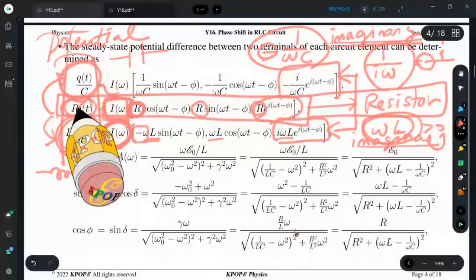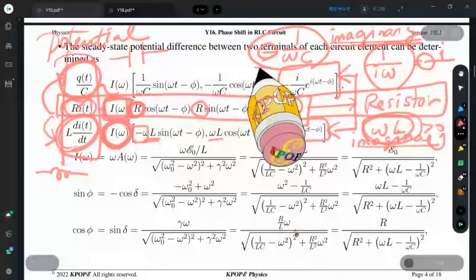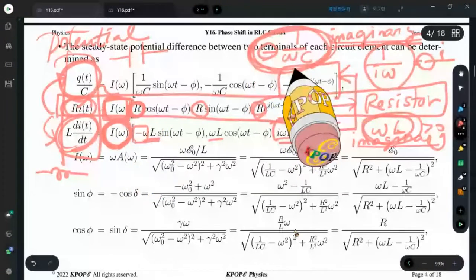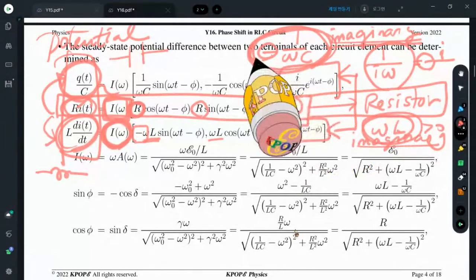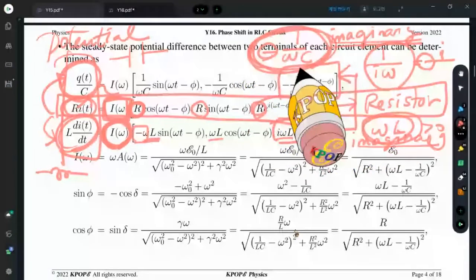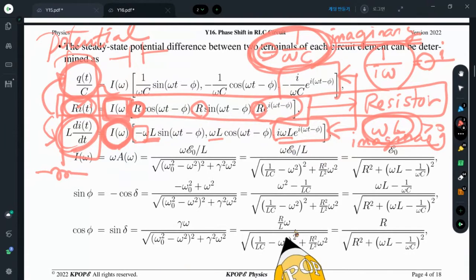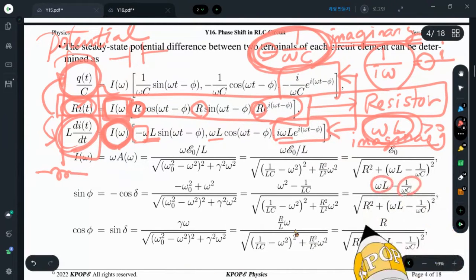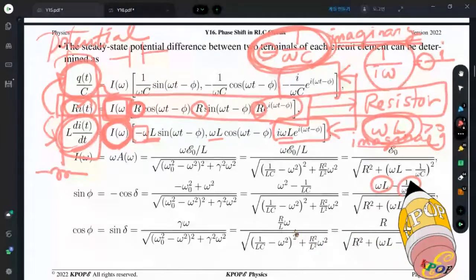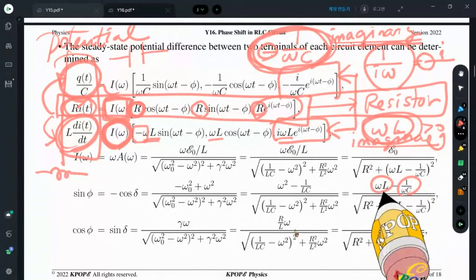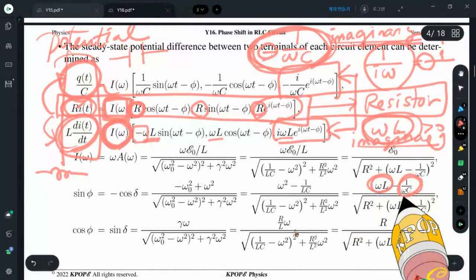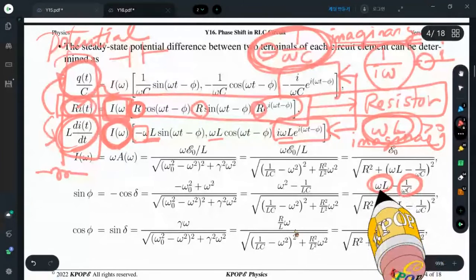In the case of capacitor, we have a phase shift by half a pi, and the weighting factor is minus 1 over omega C. So that's the reason why it's rather simple to define these omega dependent factors that determine the potential difference between the two terminals of each circuit element.